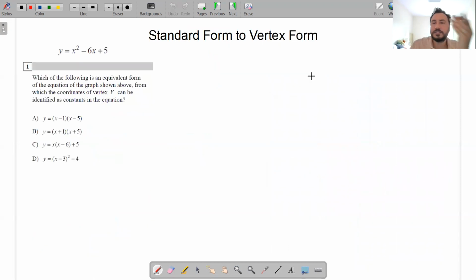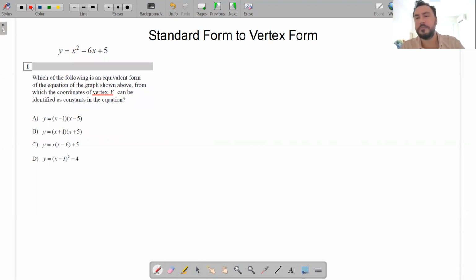Okay, now let's talk about how to go from the standard form to the vertex form. The procedure is pretty simple. Here the question is asking: which of the following is an equivalent form of the equation of the graph shown above, from which the coordinates of the vertex P can be identified as constants in the equation?